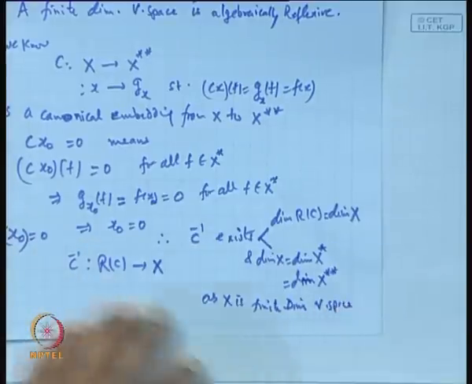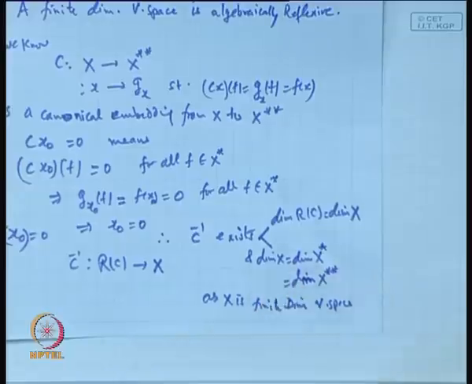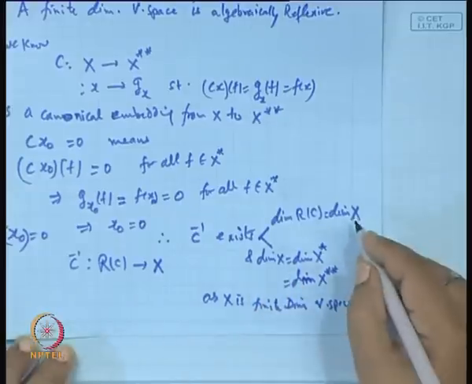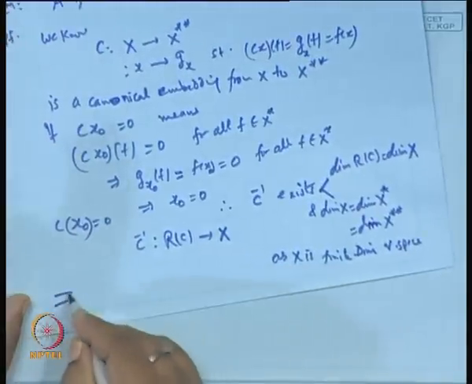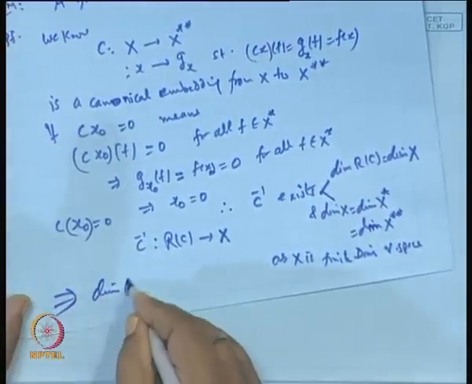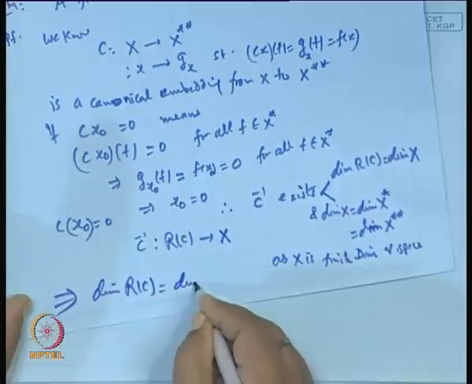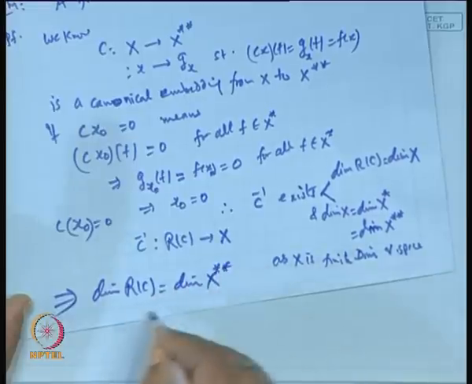Once it is a finite dimensional vector space, this will also be true. Dimension of x equals dimension of R(C). Therefore, from here, dimension of R(C) is the same as dimension of x star.